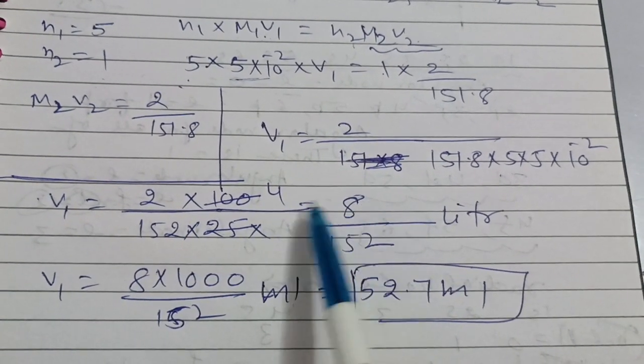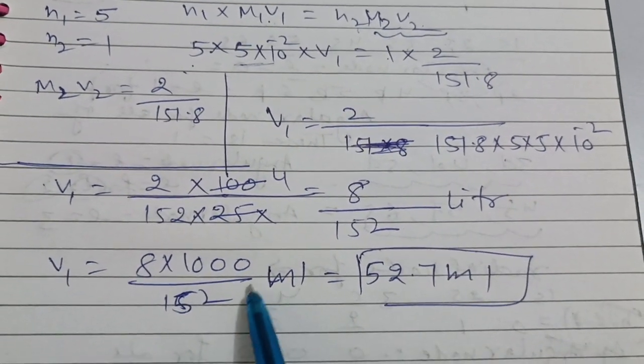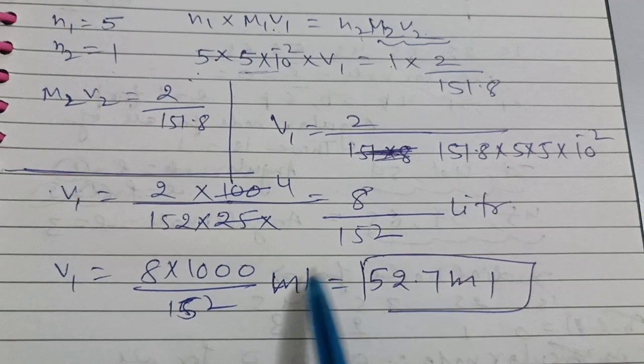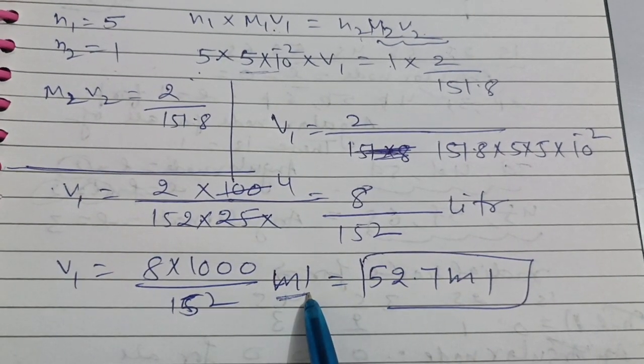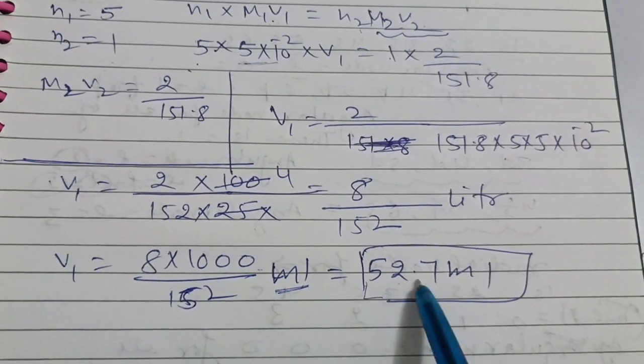On solving, it comes out as 8 divided by 152 liter, but we have to calculate it in ml, so we multiply by 1000 and it comes out 52.7 ml.